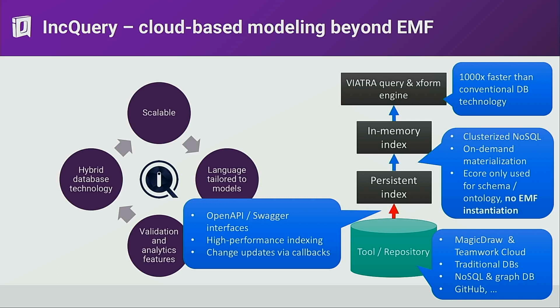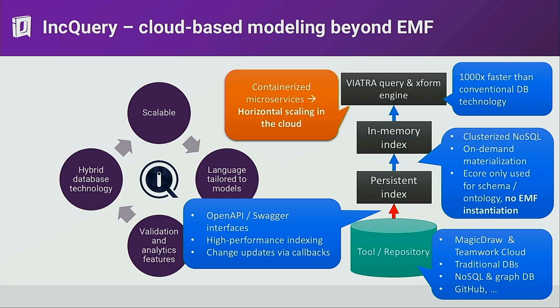And in such an environment, which is actually architected around clusterized container infrastructure, we can achieve up to 1,000 times faster performance for queries and transformation than what is typically achievable with traditional databases, and in a horizontally scalable way.